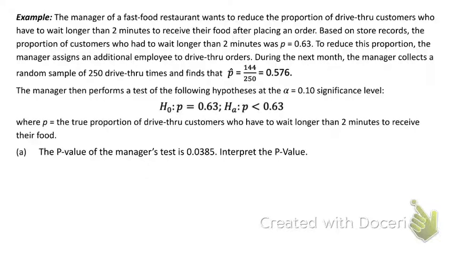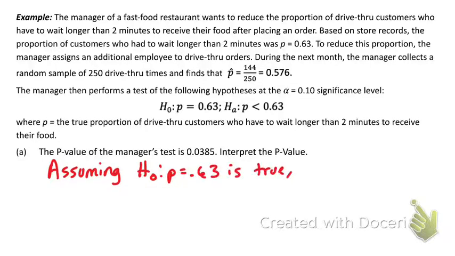The p-value is 0.0385. Interpret the p-value. Assuming the null hypothesis of p equals 0.63 is true. Remember, we always assume the claim is true unless we prove it otherwise with our significance test.